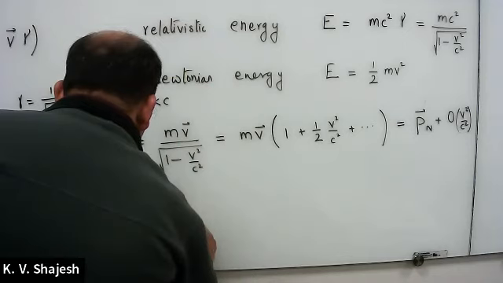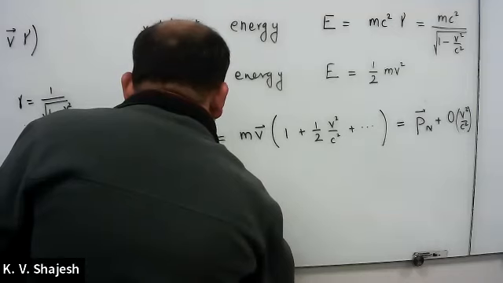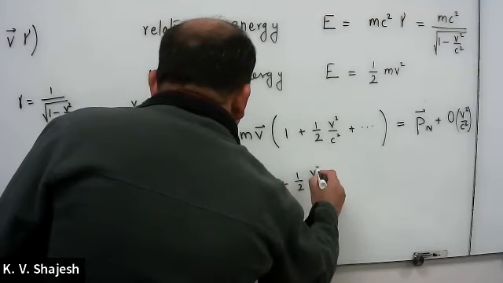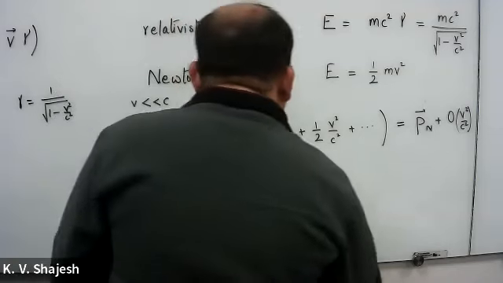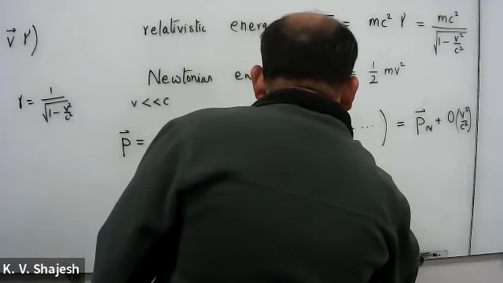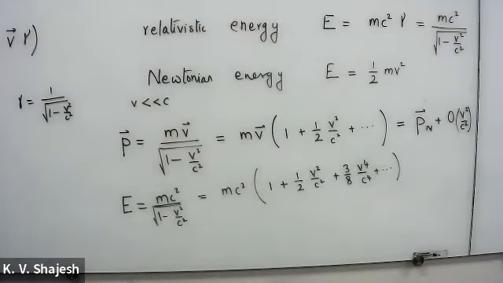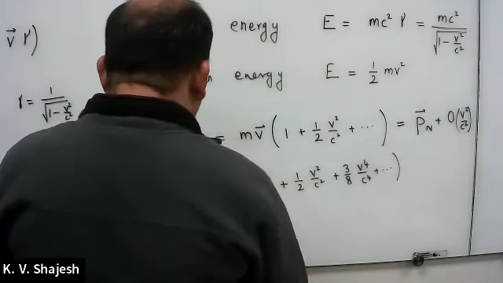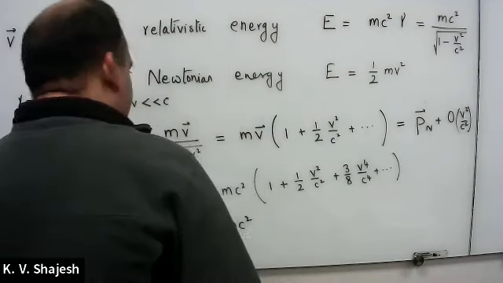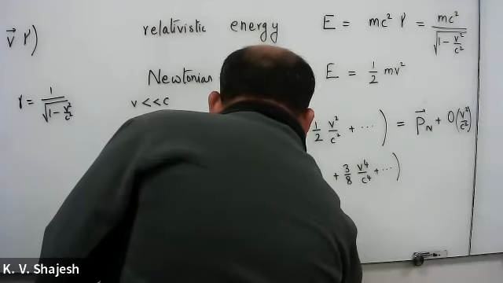That's equal to mc squared times 1 plus 1 by 2 v squared over c squared, keep the next term also, plus 3 by 8 v raised to 4 over c raised to 4, plus terms. And you notice that the first term you get is mc squared. And the second term you get is your Newtonian kinetic energy.